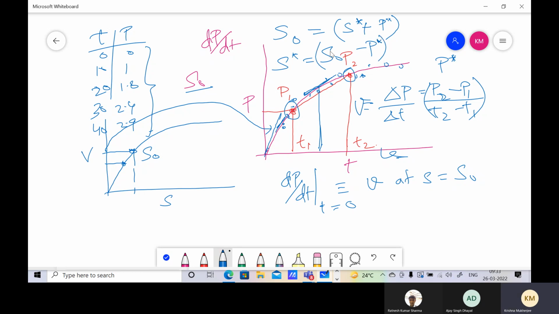ठीक है ना? याद रखिएगा, इसको ग्राम में मत करिएगा, मोल्स में करिएगा, क्योंकि ये S goes to P in molar concentrations है ना.